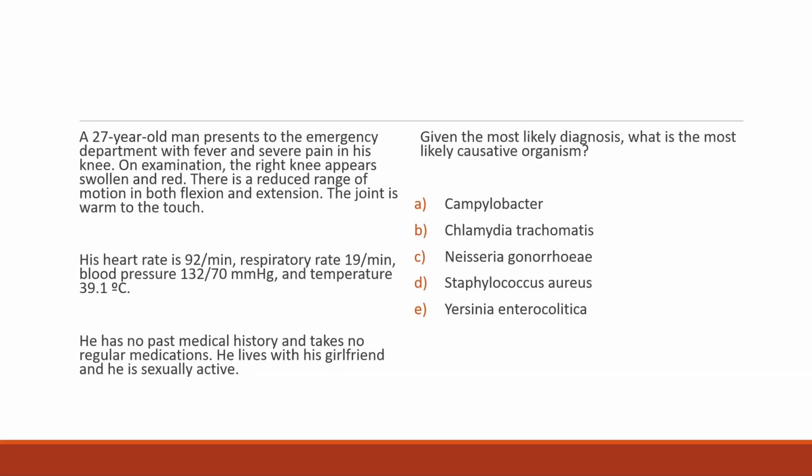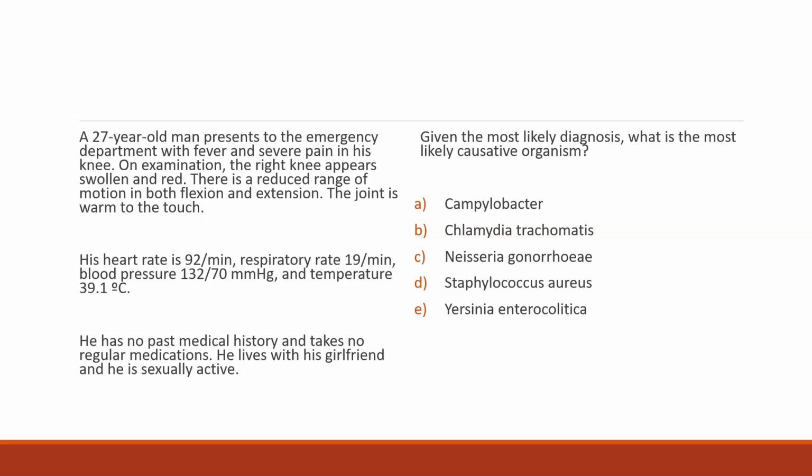A 27-year-old goes to the ED with fever and severe pain in the knee. On examination, the right knee is swollen and red. There is reduced range of motion in both flexion and extension. The joint is warm to touch. Heart rate is 92, respiratory rate is 19, blood pressure is normal, temperature is 39.1. No past medical history, no regular medications, lives with his girlfriend, and he is sexually active.